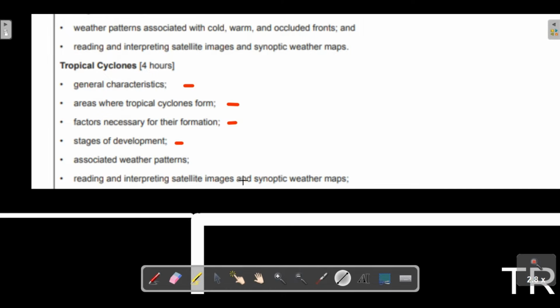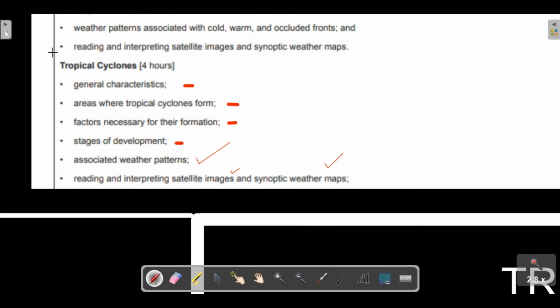In this video, we are continuing with the series, finishing up with tropical cyclones. We'll discuss the associated patterns, looking at the cross section and how you actually draw it. We'll also discuss terms that we did not visit during part one of the tropical cyclone series, and look at how you identify these cyclones in satellite images and in synoptic weather maps.